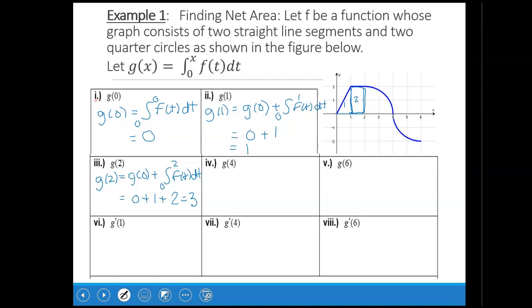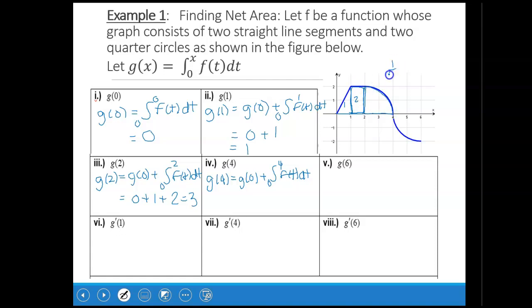G of 4. So now it says that it is 2 straight line segments and 2 quarter circles. So now from 2 to 4 is a quarter circle.